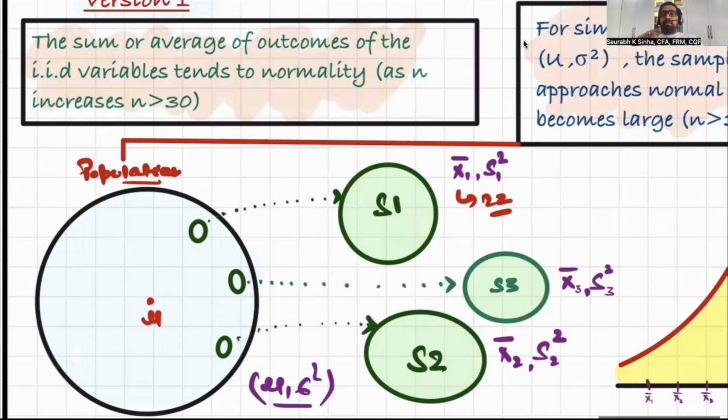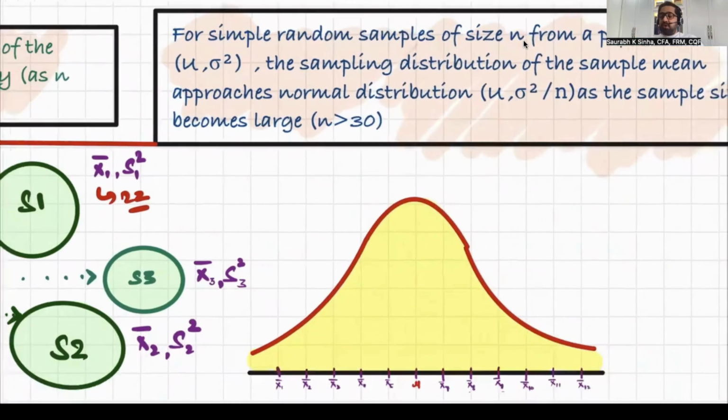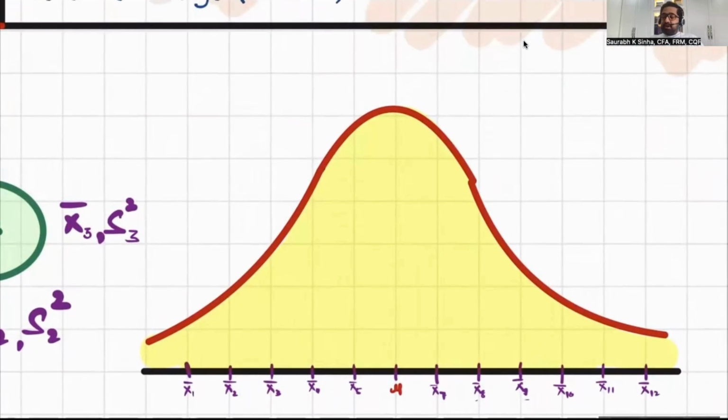And you took the sample which is random. If you plot it, you plotted x1 bar, you took the frequency, x2 bar, you took the frequency, x3 bar, x4 bar, x5 bar, each with its frequency. And when you plot it, it will appear as a normal distribution. It will tend to normal distribution.